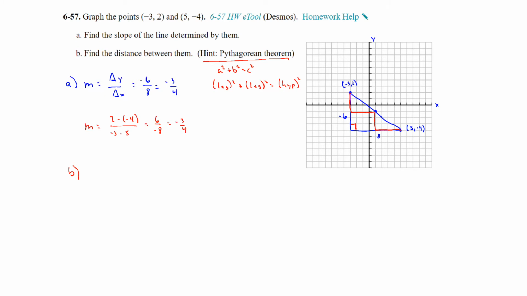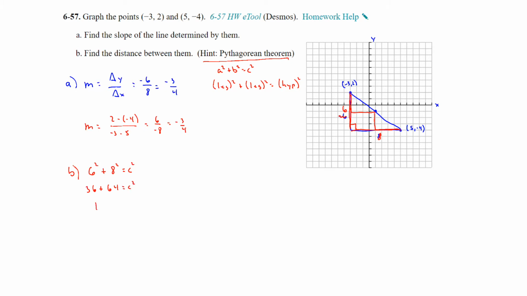So if we're going to use the Pythagorean theorem, this side length would be a positive 6 because it is a distance, so we're not looking at direction or anything. And then this side length is 8. So to find the distance, we take the first leg squared, so 6 squared, plus 8 squared, equal to c squared. So we square both of these, 36 plus 64 is equal to c squared.